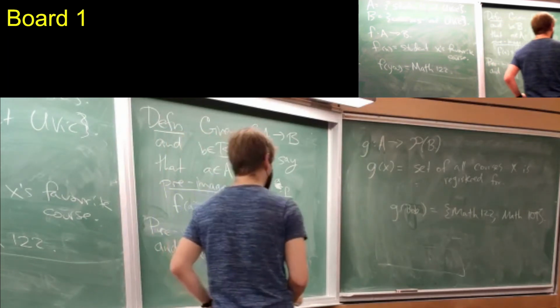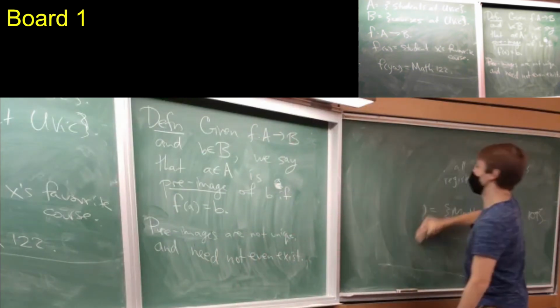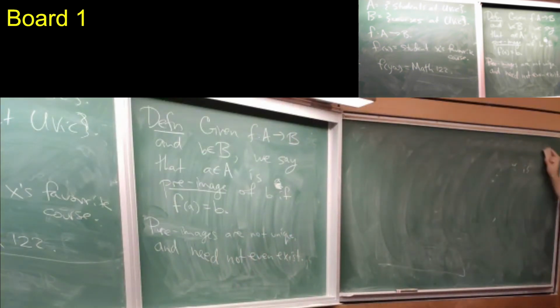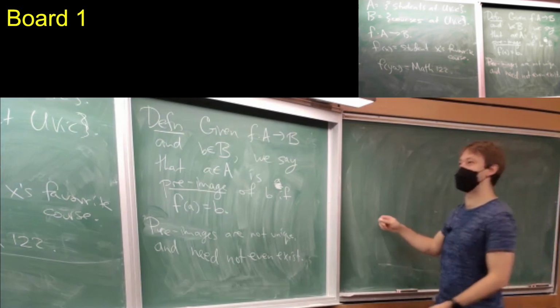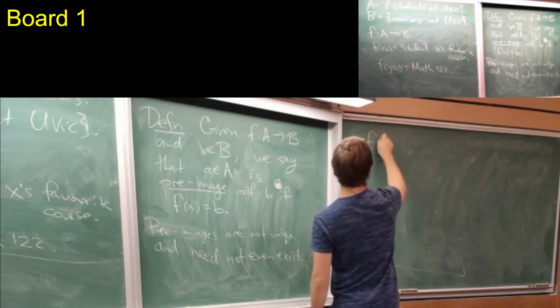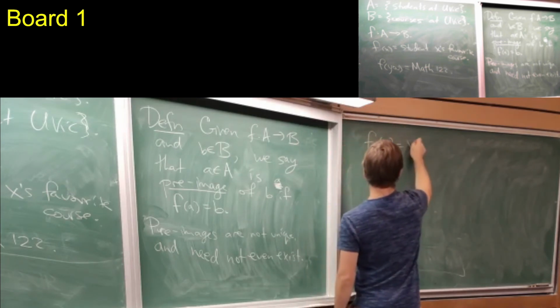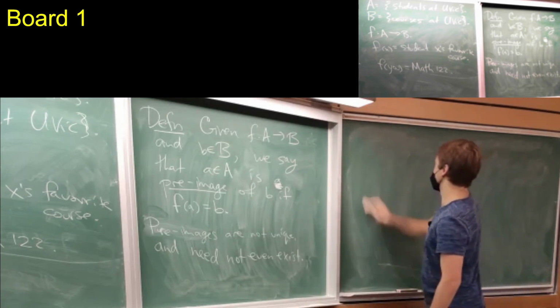What I mean by that is, if I use this picking-the-favorite-course example, maybe the preimage of Math 122 doesn't exist. Maybe nobody would pick this as their favorite course. But okay, maybe a more numerical example. Again, it's important what I pick as my domain and codomain.